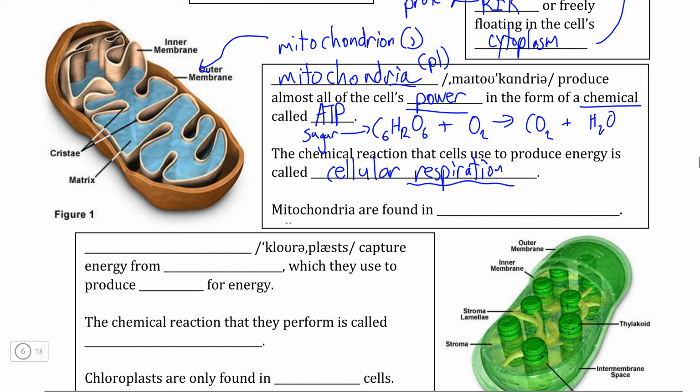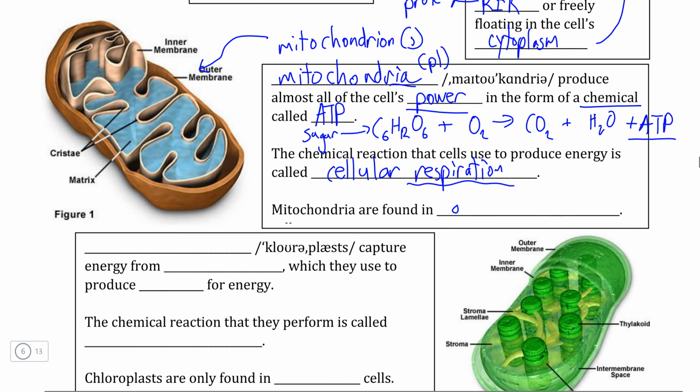But of course, the energy that is stored within this sugar is removed and would be stored in the form of ATP, which can then be used by various chemical reactions that are present within the cell.